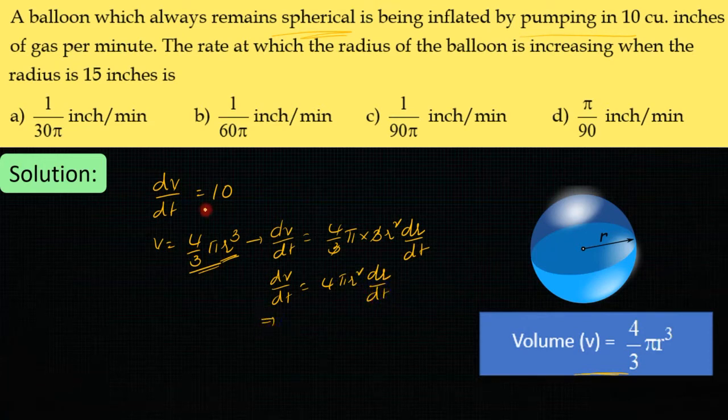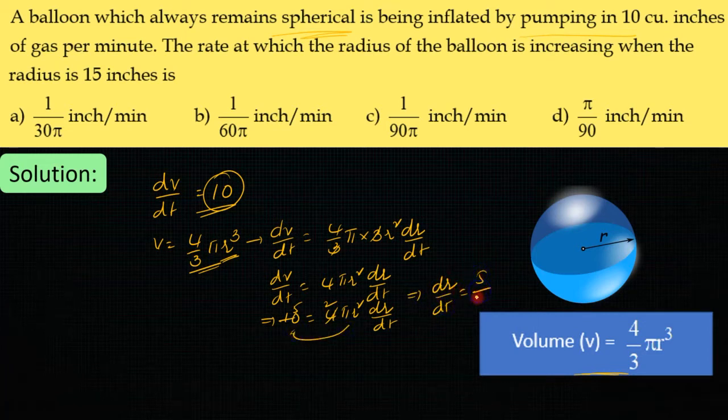This implies, given dV by dt is equal to 10, this equals 4 pi r square into dr by dt. Here 2 twos are 4, 2 fives are 10. From this, dr by dt is equal to 5 by 2 pi r square.